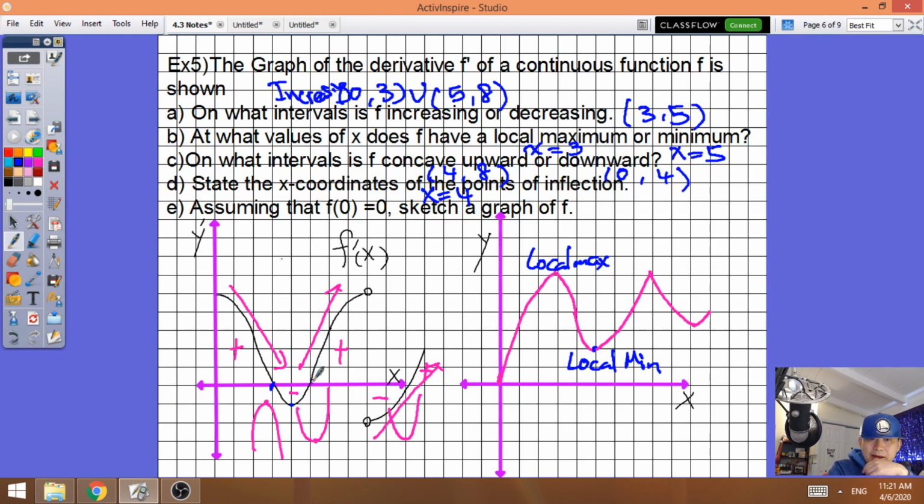From 5 to 8, the whole graph is also considered increasing, so 5, 6, 7, 8. So here's what we got.